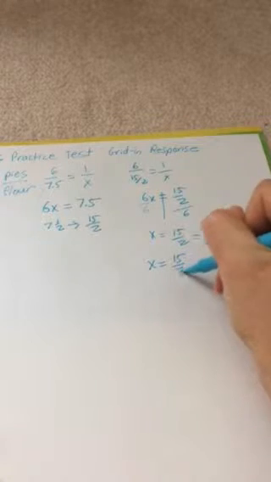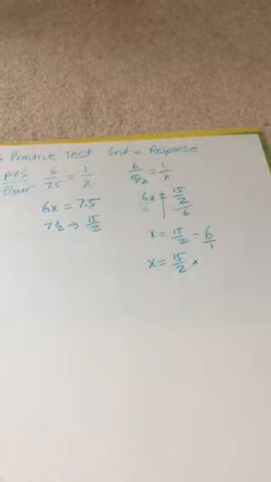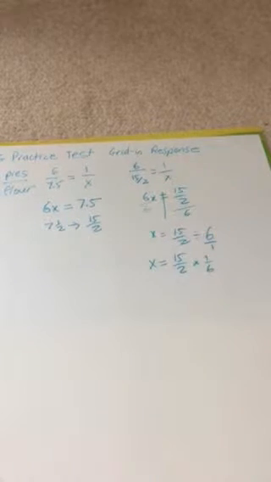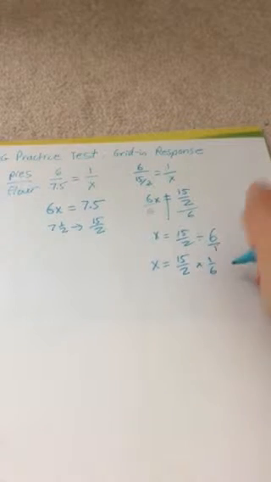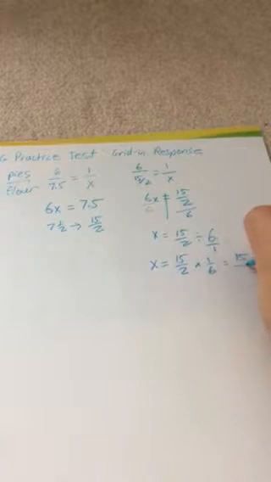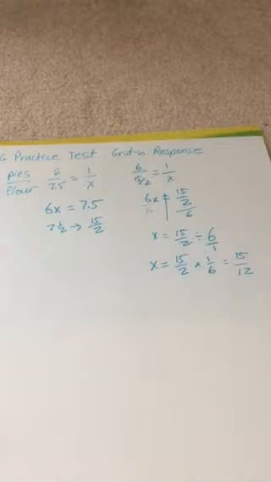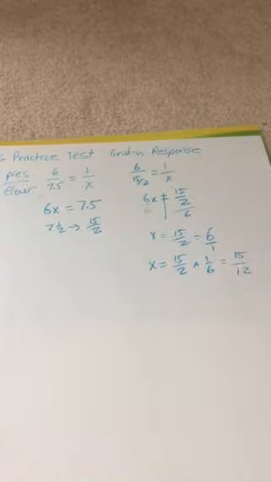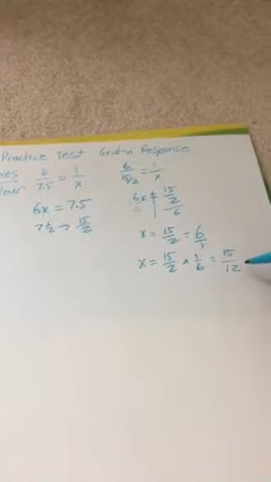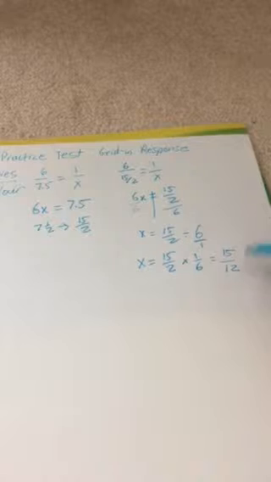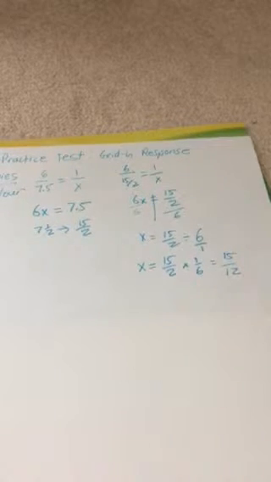So keep, change to multiply, and flip. Then when we multiply across, we get 15 twelfths, which equals x.